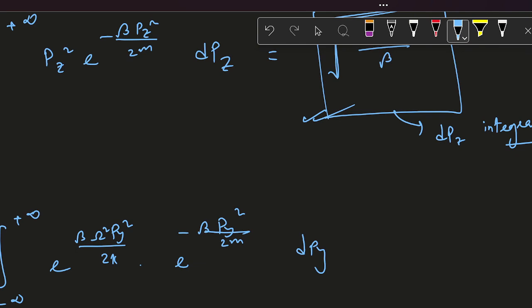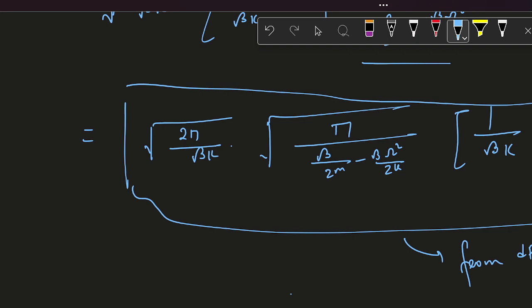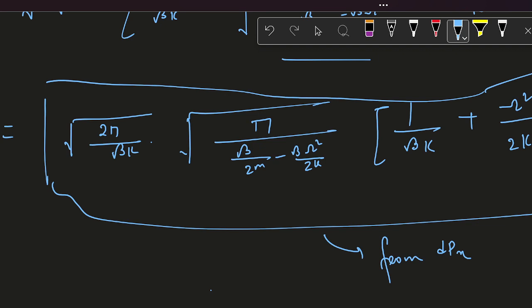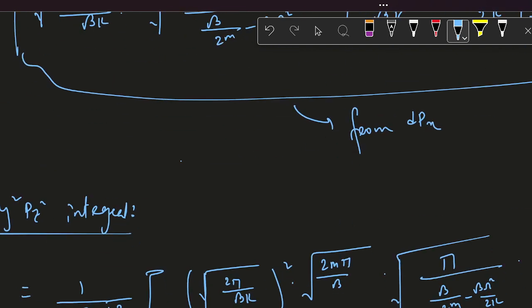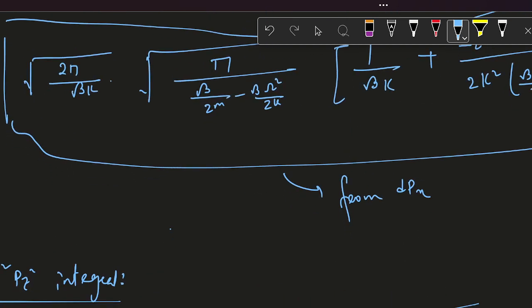Then from dpy you have root over pi by beta by twice m minus beta omega squared by twice k, into, finally, the dpx integral part, which is root over 2 pi by beta k, into another factor, root over pi by beta by twice m minus beta omega squared by twice k, into 1 by beta k plus omega squared divided by 2k squared, beta by twice m minus beta omega squared by twice k.